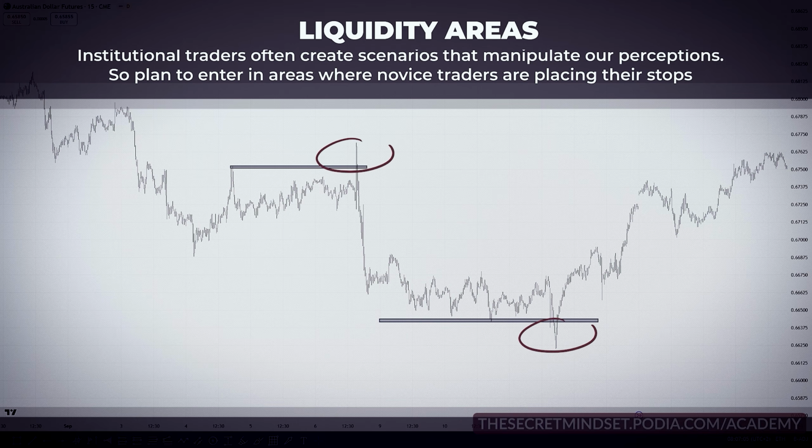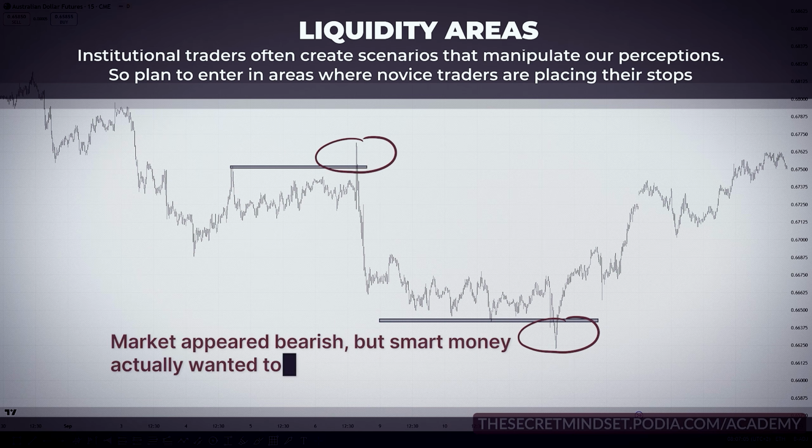The truth is, institutional traders often create scenarios that manipulate our perceptions. They might make the market appear bearish when they actually want to accumulate buy positions, or they might create a bullish appearance precisely when they aim to gather sell positions. The goal is to trade in low resistance conditions.